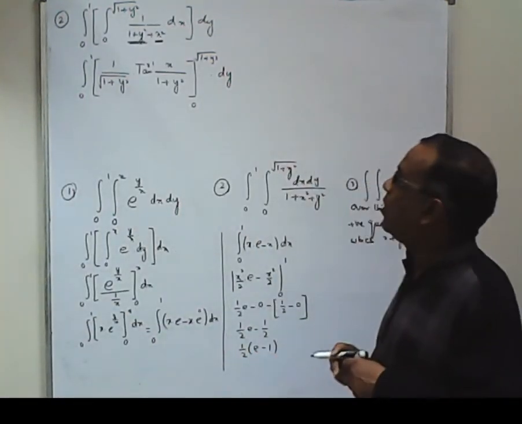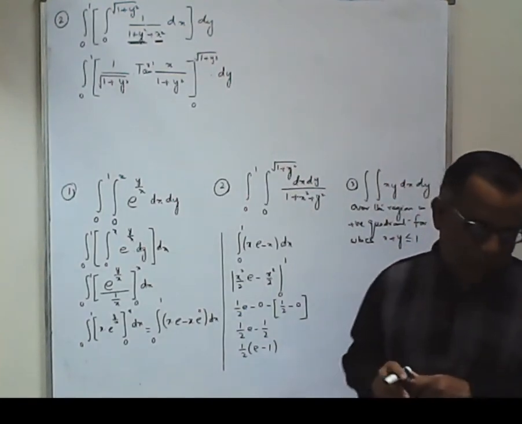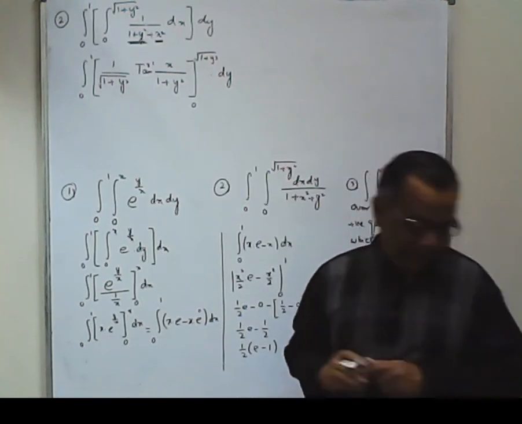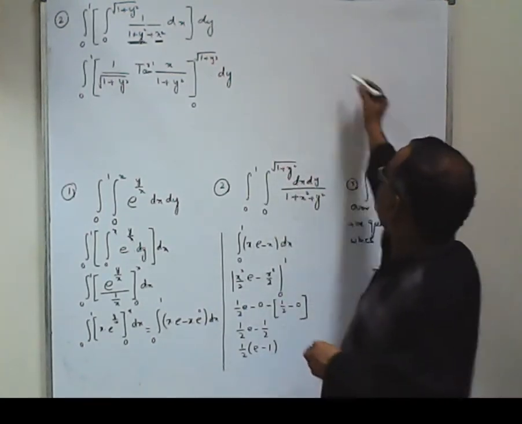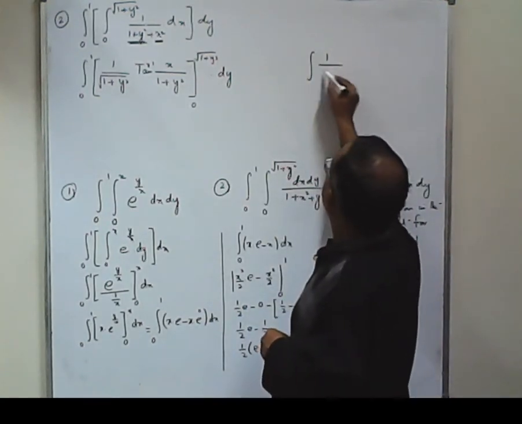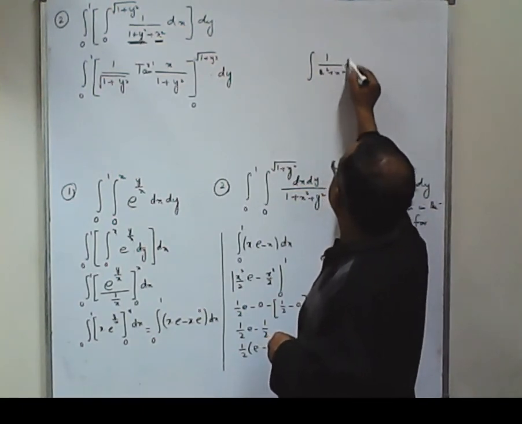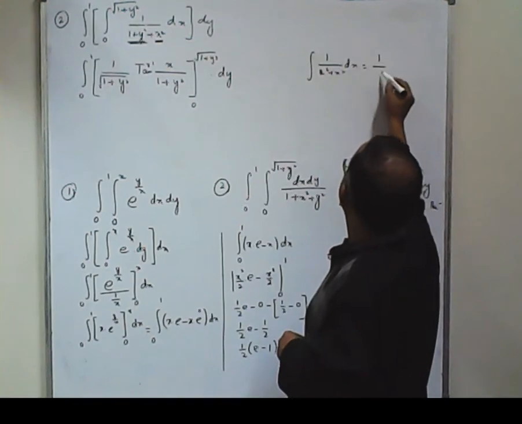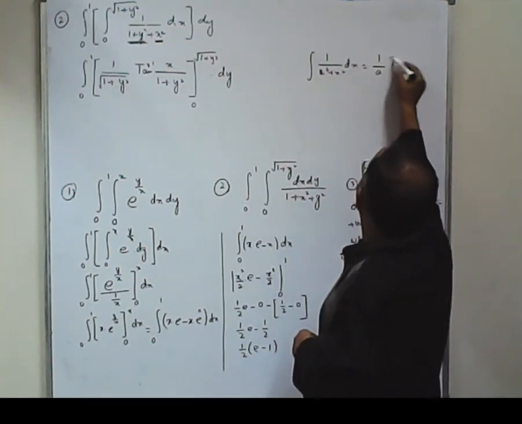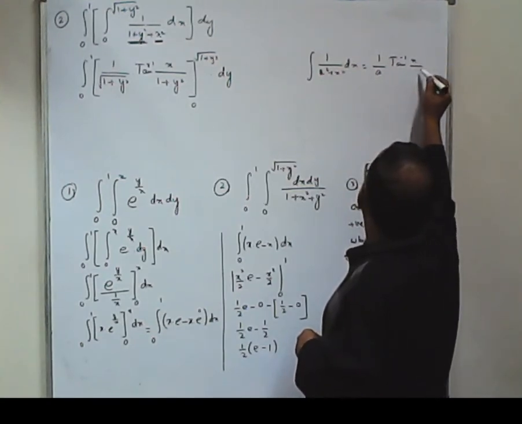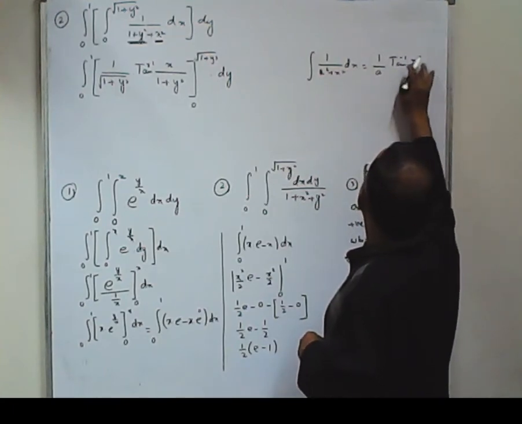So applying the formula, if I show you that 1 upon a square plus x square dx is equal to 1 upon a tangent inverse x over a.